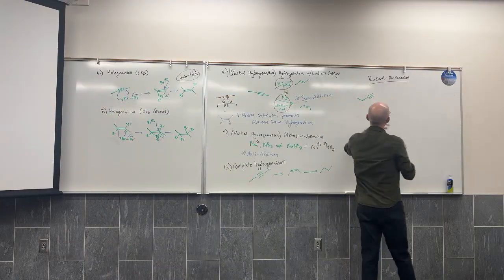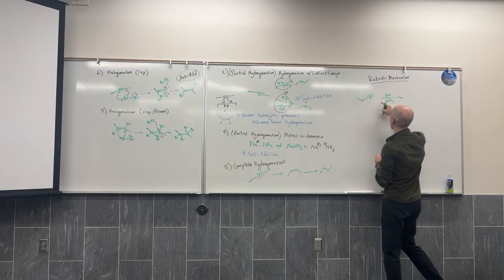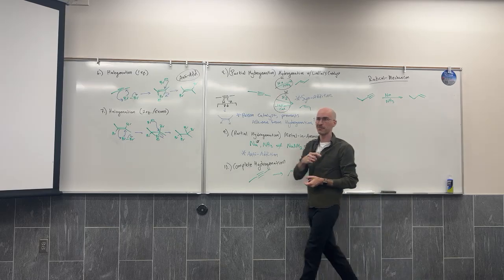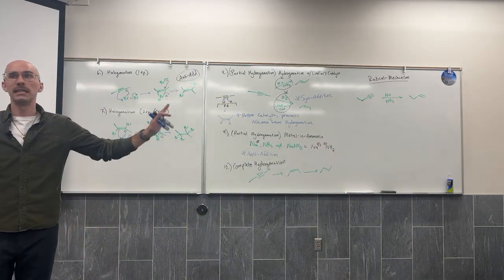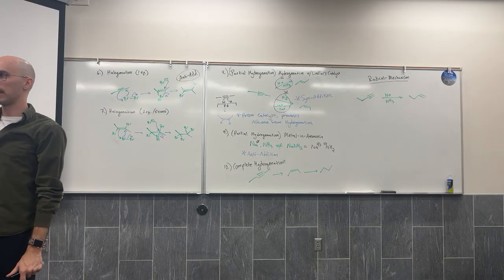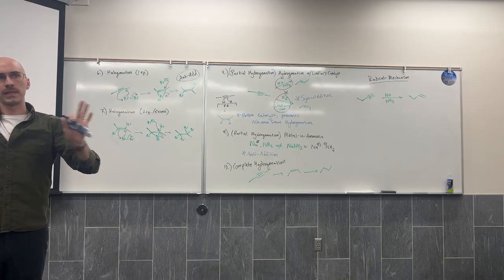But if it's not an internal alkyne, if it's a terminal alkyne, it doesn't matter whether you use sodium in ammonia or Lindlar's catalyst because a terminal alkyne doesn't have stereochemistry when it becomes an alkene. So I'm going to demonstrate it on this one because it doesn't really matter.